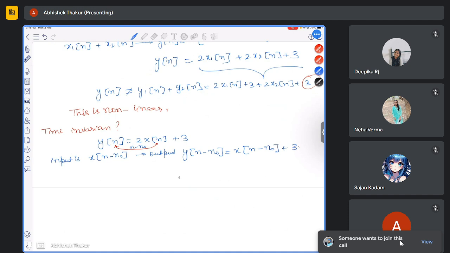Since the output remains the same after the shift, the system is time invariant. Okay, so this is time invariant.